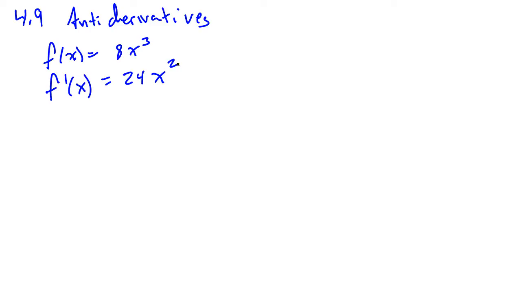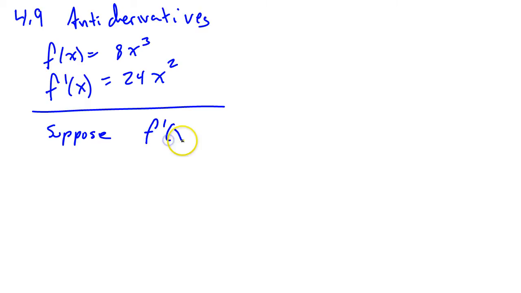Now, in Calc 2, we're going to be going the other way. Suppose I told you that we knew the derivative of the function was 24x squared, and we didn't have the top part there to look at.